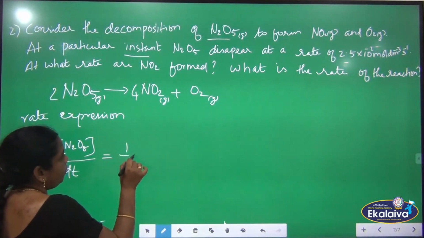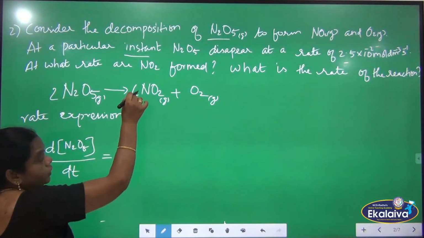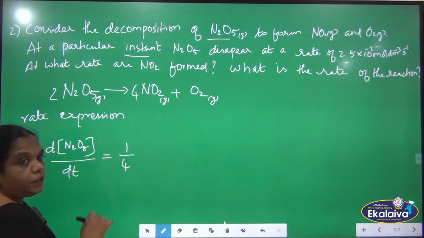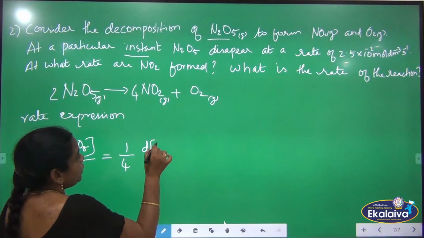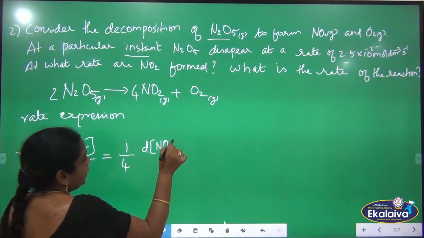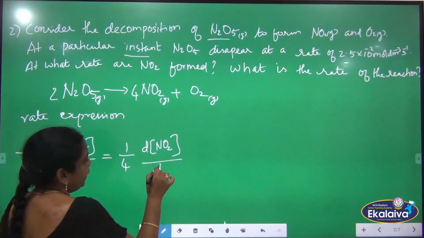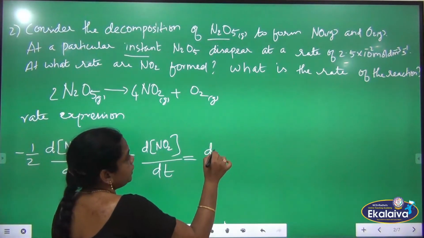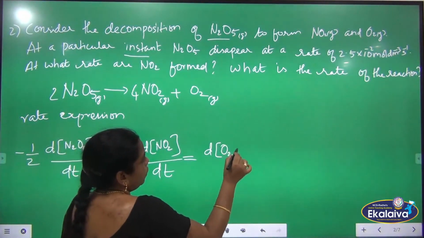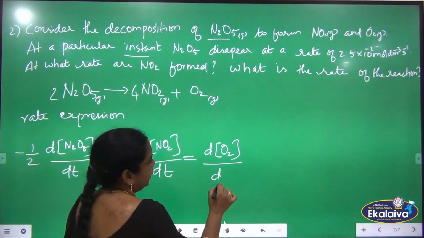Now 1 by 4 moles, so the coefficient can be expressed in the form of fraction: change in the concentration of nitrogen dioxide NO2 by dt, equal to change in the concentration of O2 by dt.